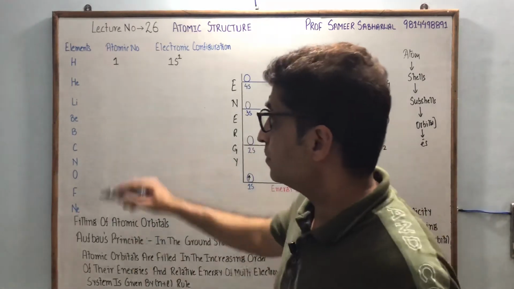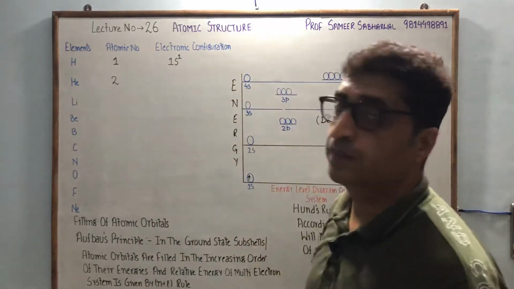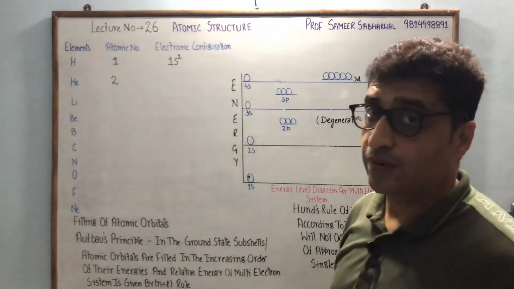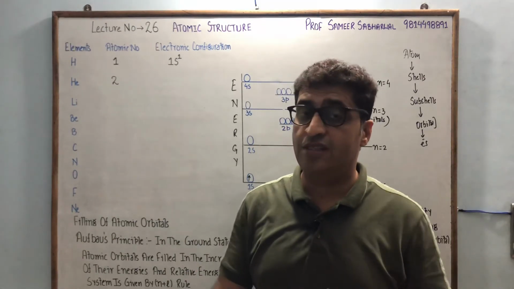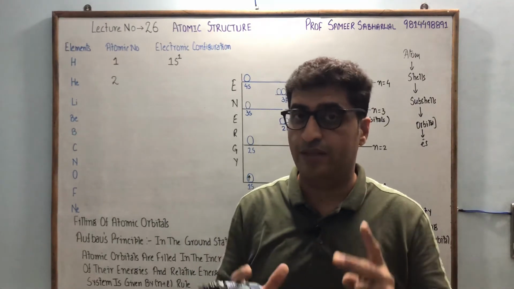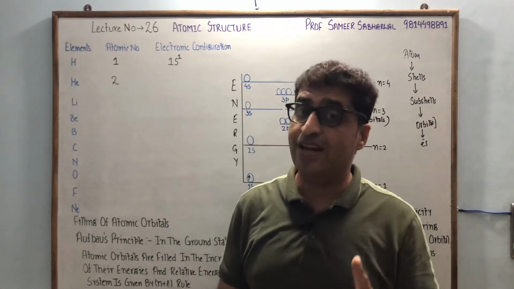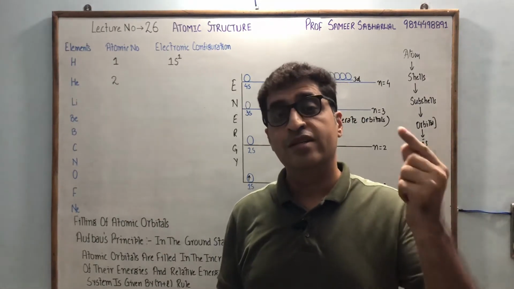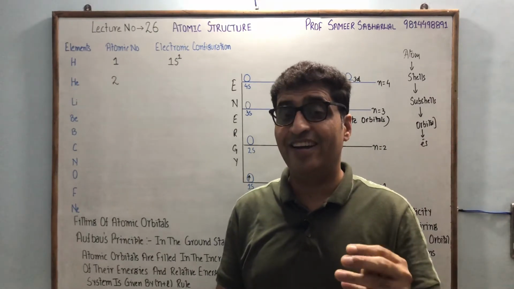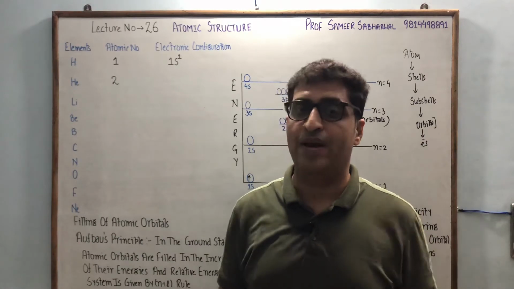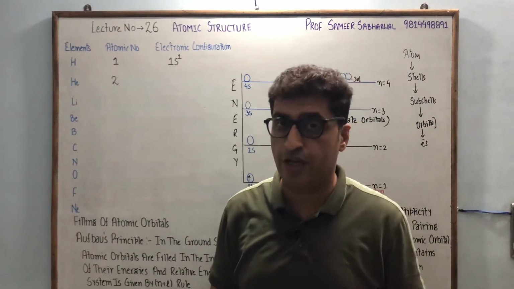Is that clear? If I take helium, atomic number 2, now we have 2 electrons, and what is the capacity of the first shell? The first shell can accommodate 2 electrons. So the second electron is also present in the first shell, the 1s subshell and 1s orbital, because the shell is the same and the subshell is also the same, since in the first shell there will be no differentiation.